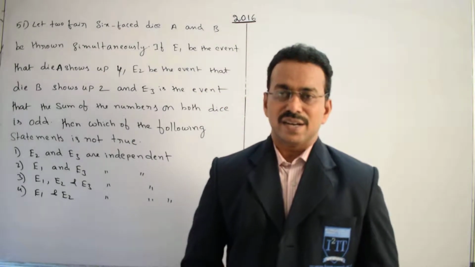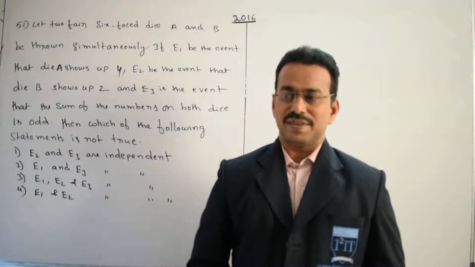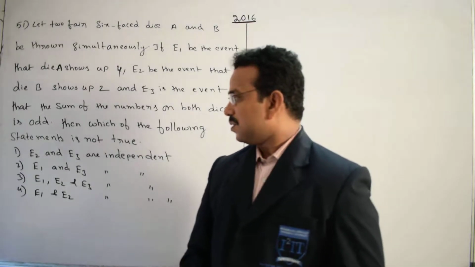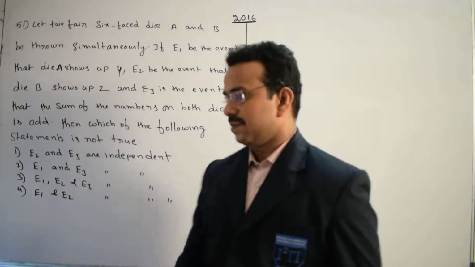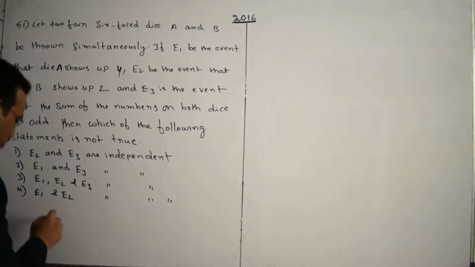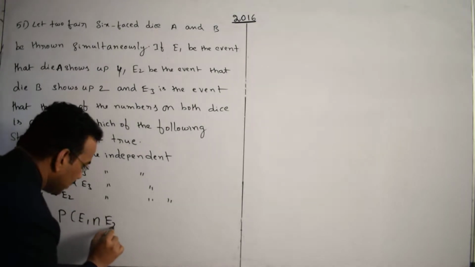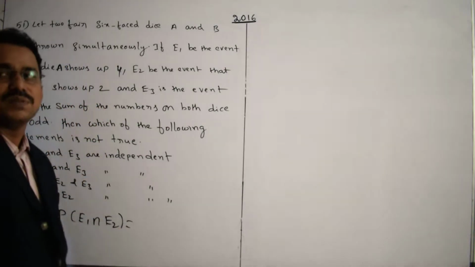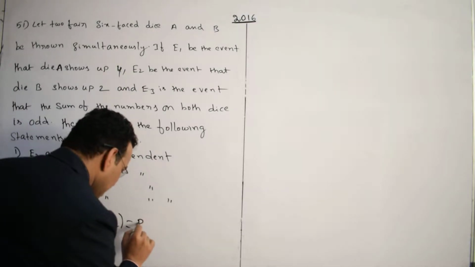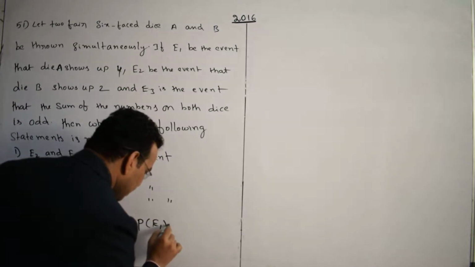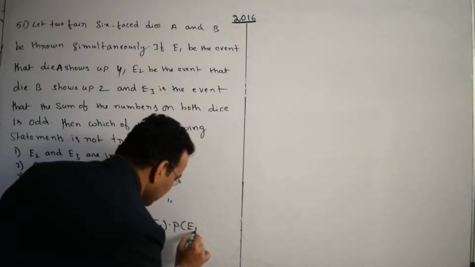When you say that two events E1 and E2 are independent, the following condition should be true: the probability of E1 intersection E2 equals the product of the individual probabilities, probability of E1 into probability of E2.